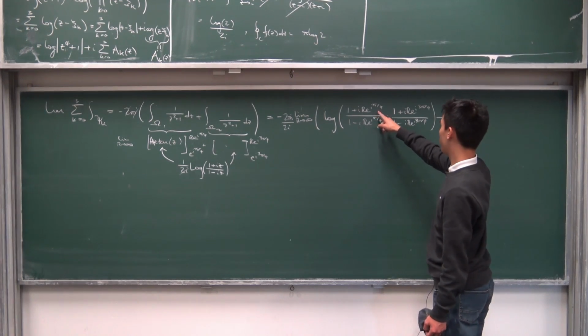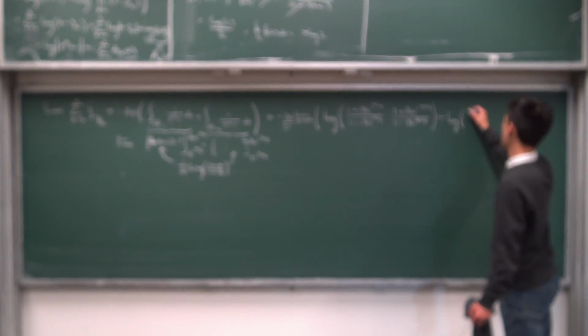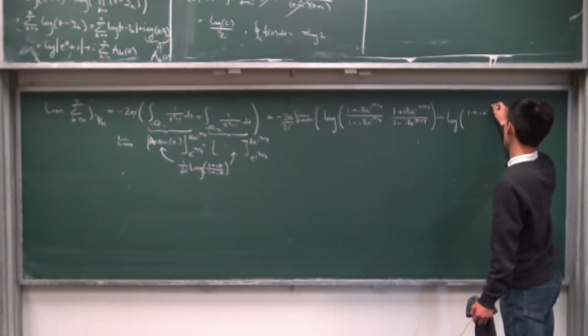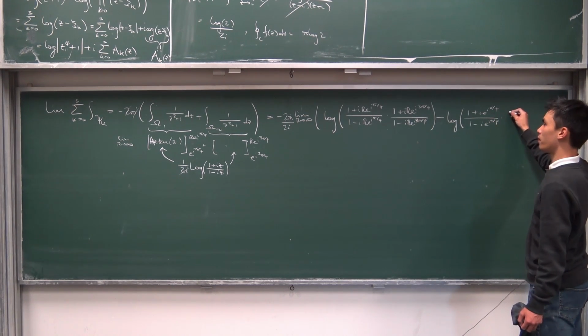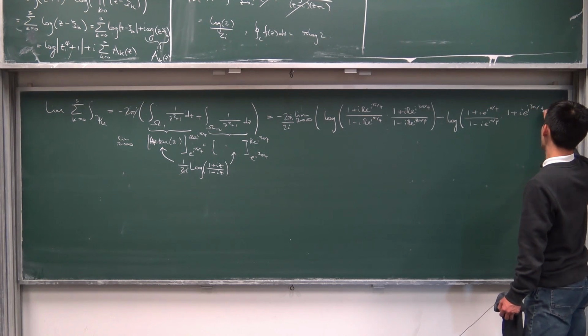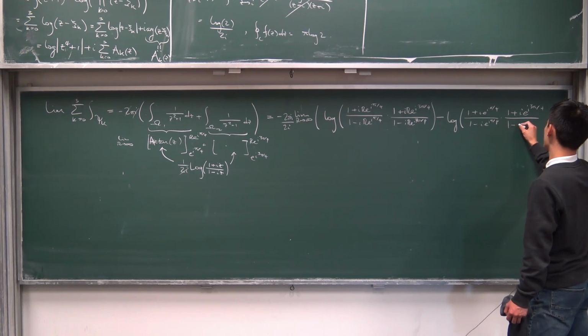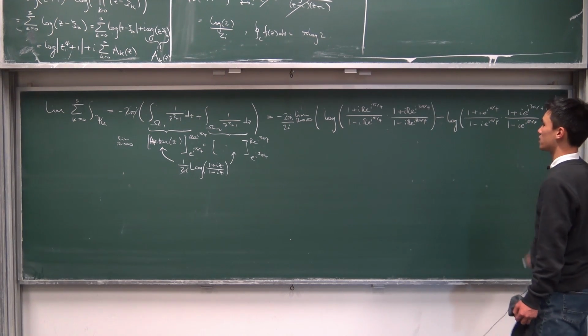We just rewrite everything here, but without the r's. So this is 1 plus i e to the i pi on 4 divided by 1 minus i e to the i pi on 4, times 1 plus i e to the i 3 pi on 4, divided by 1 minus i e to the i 3 pi on 4, like so.